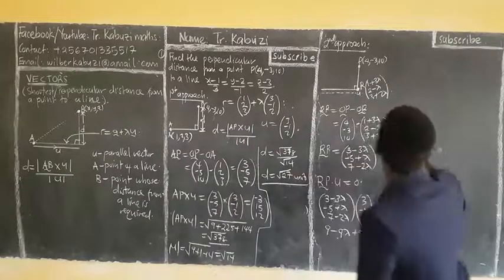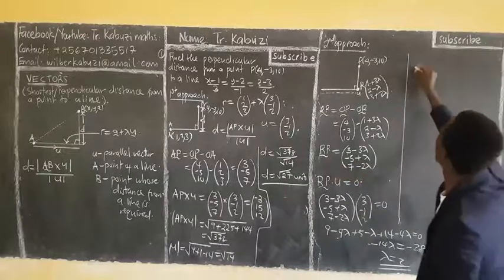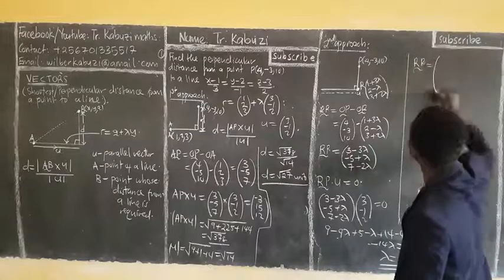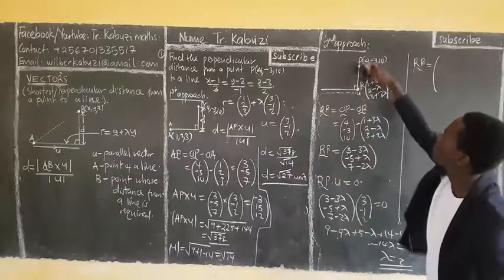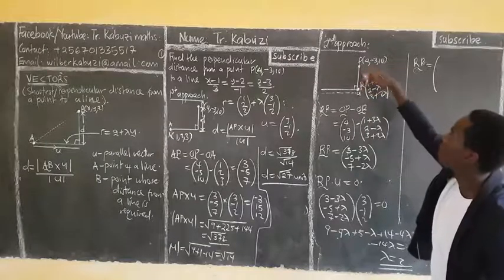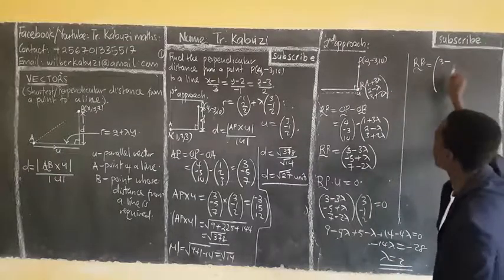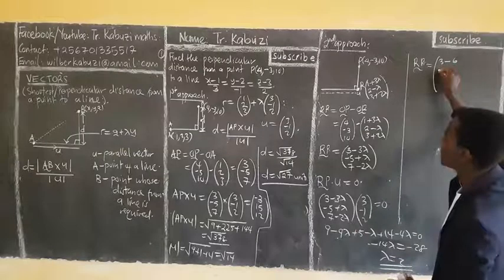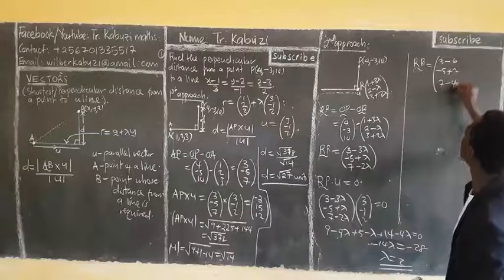So if lambda is 2, we substitute here. Now I'm substituting the value of lambda in RP, because the magnitude of RP is the distance we want. So we shall get RP, then we get its magnitude. I'll be having 3 minus, when I put here 2, I have that as 6. So I'll be having negative 5 plus 2, then 7 minus 4.